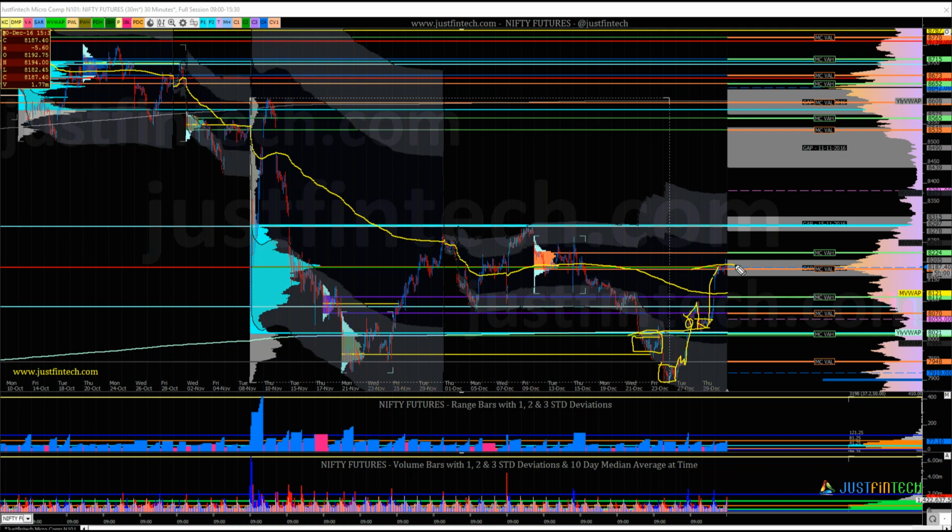It is so visual that we don't need any complicated studies, any complicated indicators. Just this, the essence of value area formation is more than enough to understand the auction process.